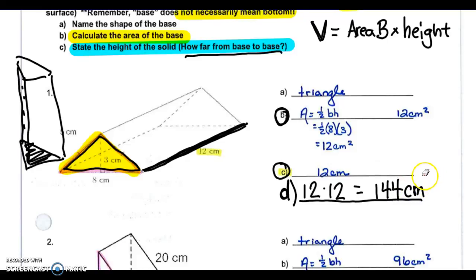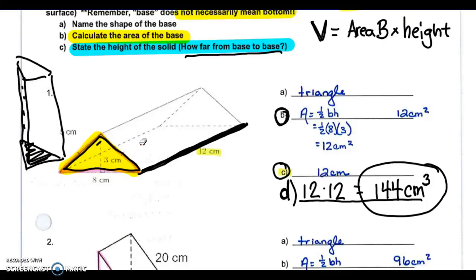In this case, and in volume only, we now say cubed. This is 144 centimeters cubed because we now have 3 different dimensions working together. We're talking about a 2-dimensional area surface here of the triangle, and then adding the 3rd dimension by adding the height to that 2-dimensional shape.